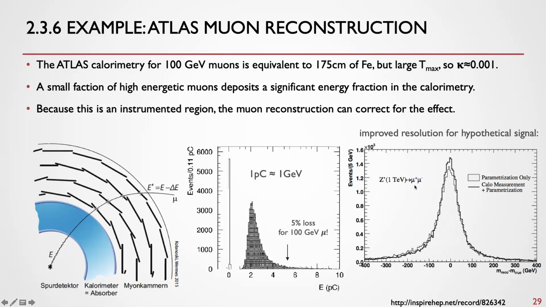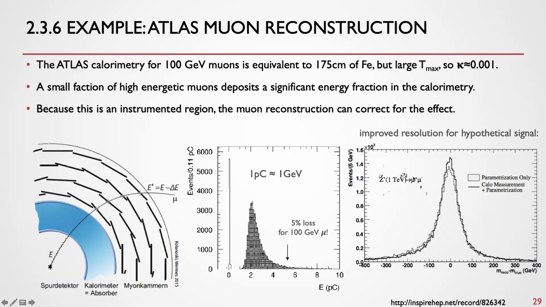If this is not instrumented, that's actually a sizable loss, and it reduces the resolution. That's maybe a bit much to take for a beginner, but look at highly energetic muons coming from a hypothetical particle with a mass of a tera-electron volt. That's a Z prime, a hypothetical beyond the standard model particle that we may search for.